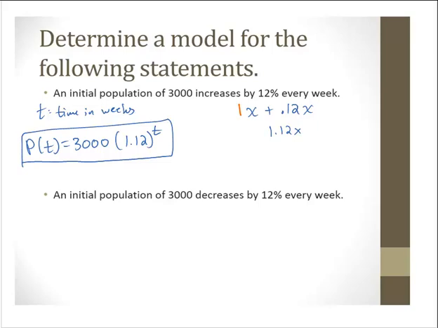Now what if we have a population that decreases by 12% every week? Well, we could think of a similar idea. We have x, and we're going to decrease it by 12% of x. Again, we started off with a 1x, and 1 minus 0.12 is 0.88.